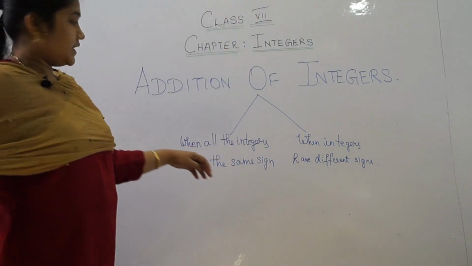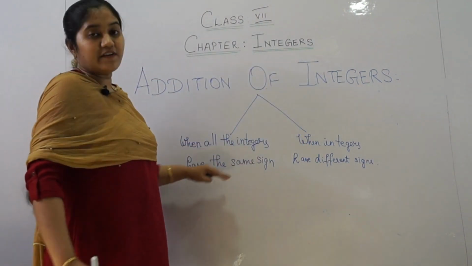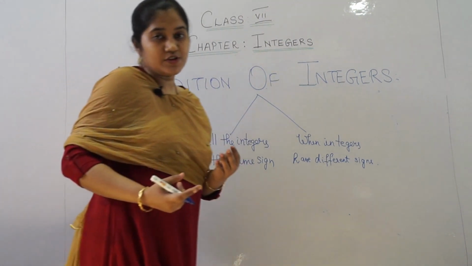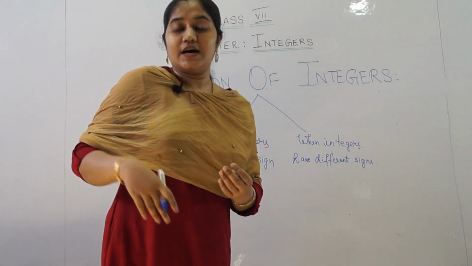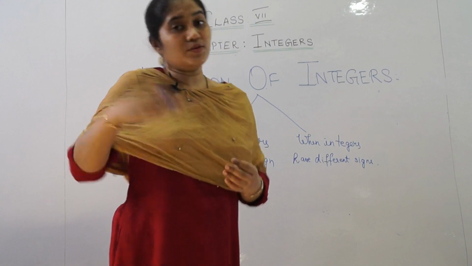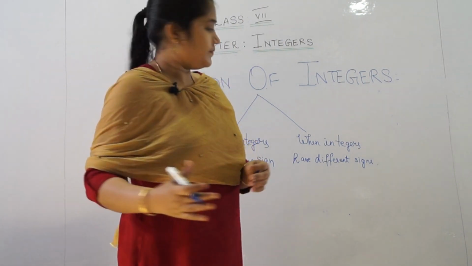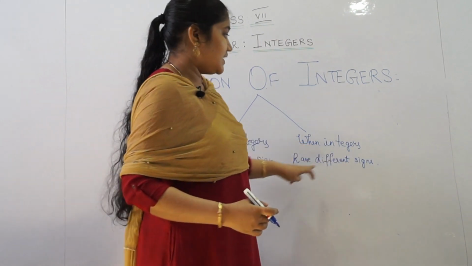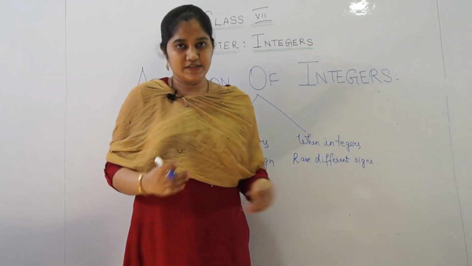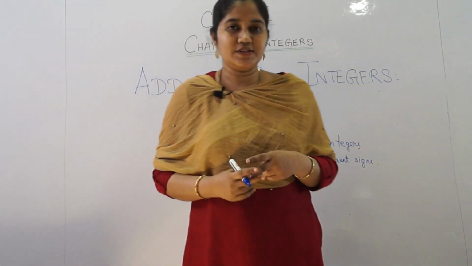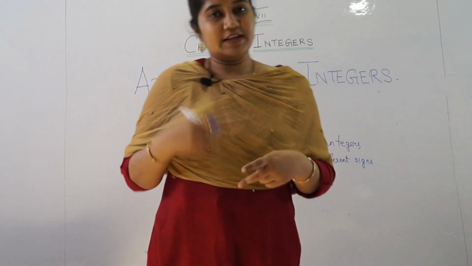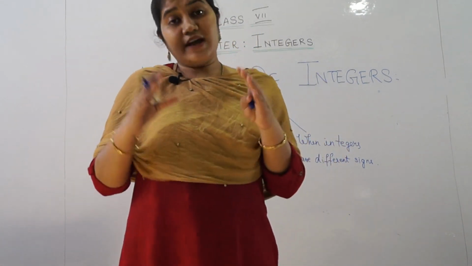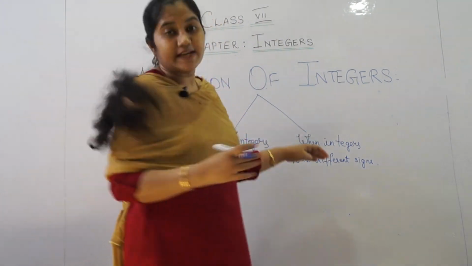So it is of two types. The first is when all the integers have the same sign. Suppose you have two integers, both either positive or both negative. The second type is when integers have different signs, that is, when you have two integers, one of them positive and the other negative, so they have different signs.